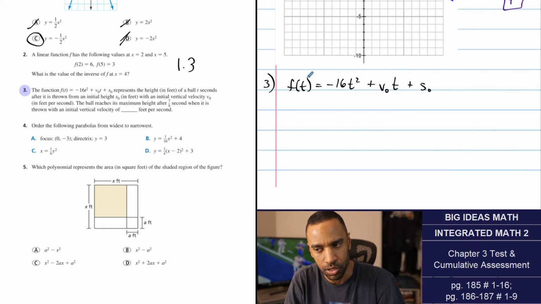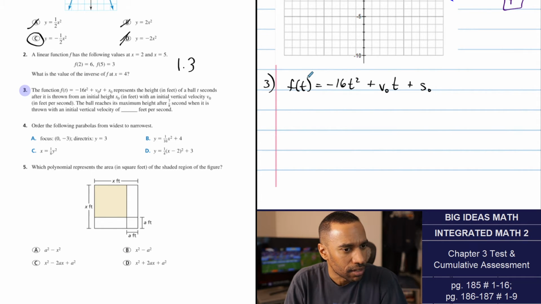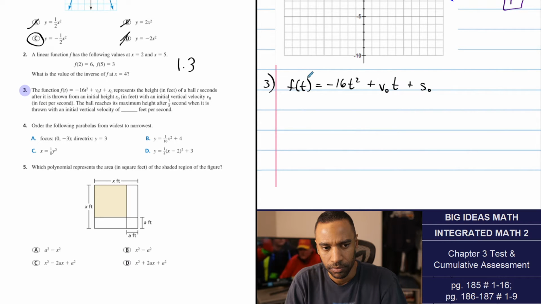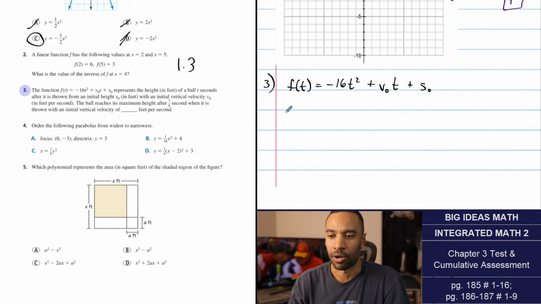If I substitute 7/8 into here, that doesn't get me a full picture of anything because I don't have any information. Let me read that again. The ball reaches its maximum height after 7/8 of a second. Okay, I know what to do.